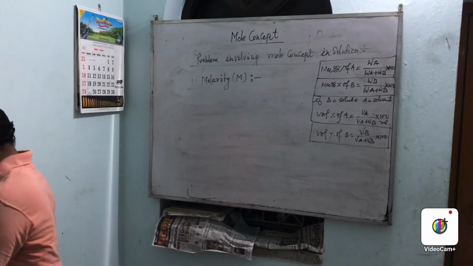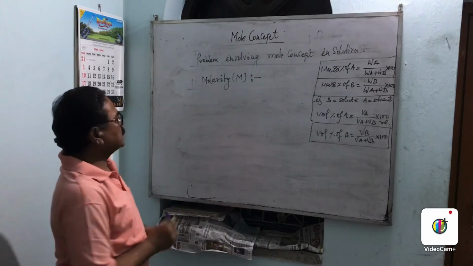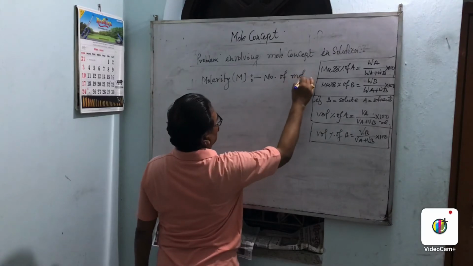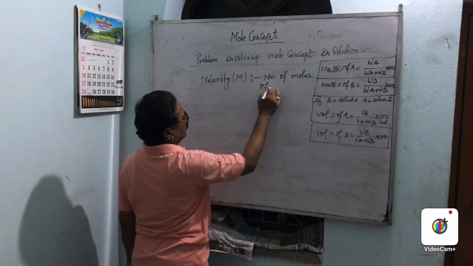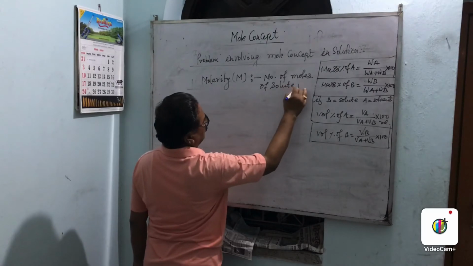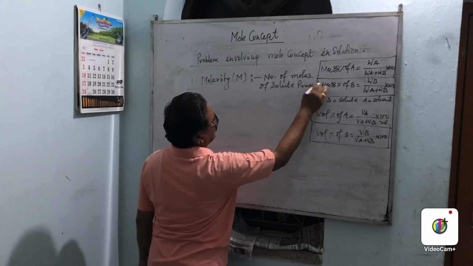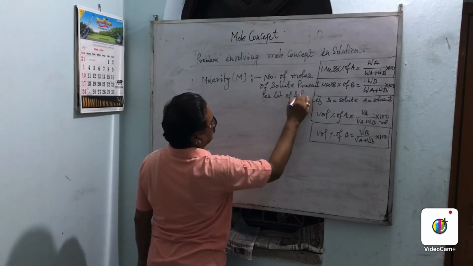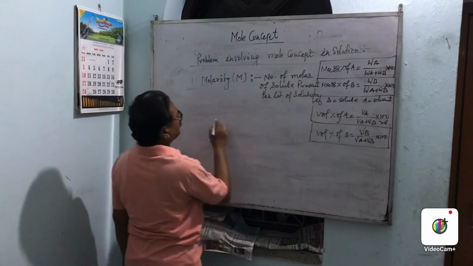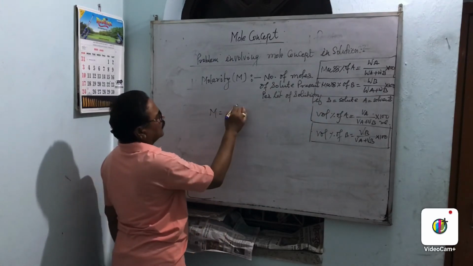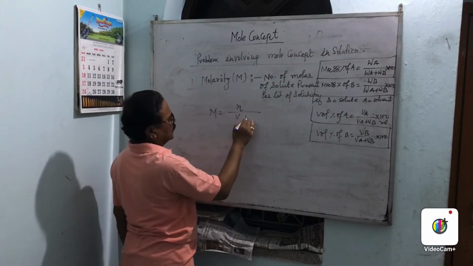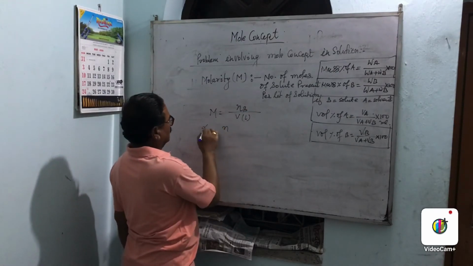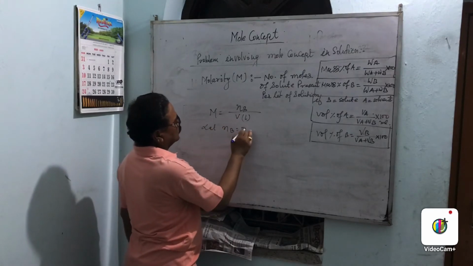Molarity is the number of moles of solute present per liter of solution. Mathematically, M is written as number of moles of solute by volume of solution in liter. Suppose NB is the moles of solute.